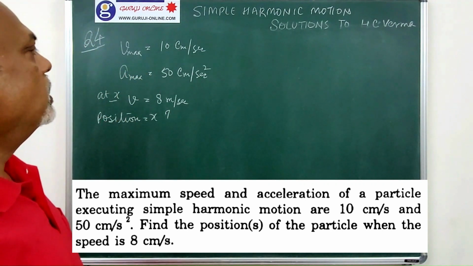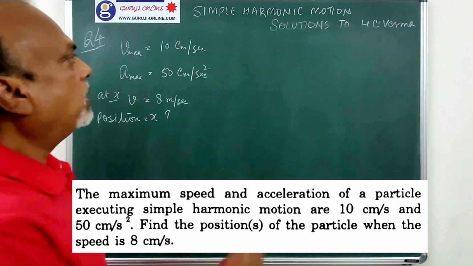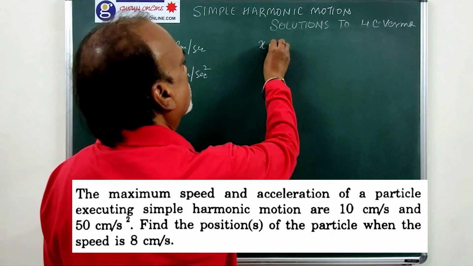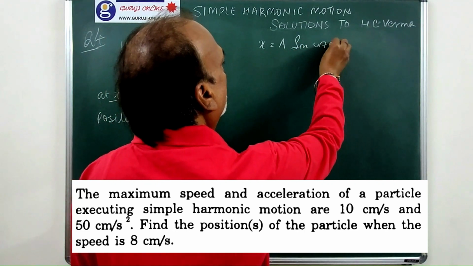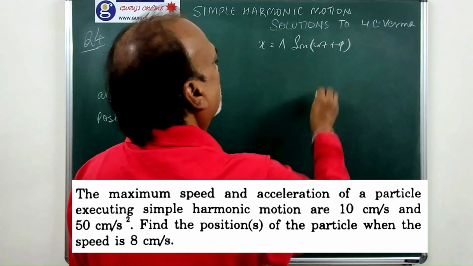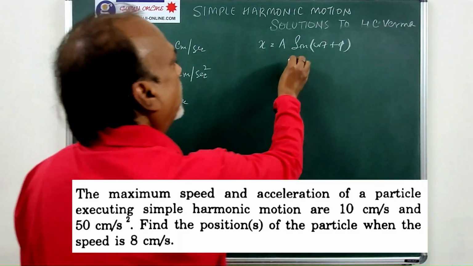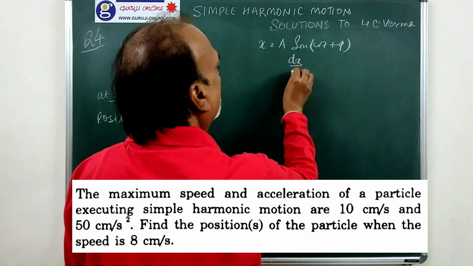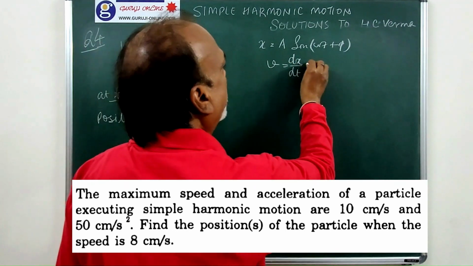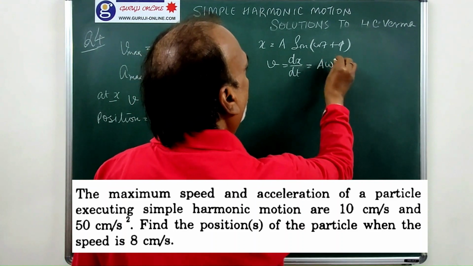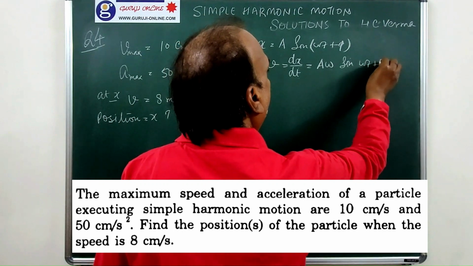Correct? We know what is V max. Generally, our general form of equation is x equals A sine omega t plus phi. Correct, and if you differentiate, V is dx upon dt, that is A omega cos omega t.